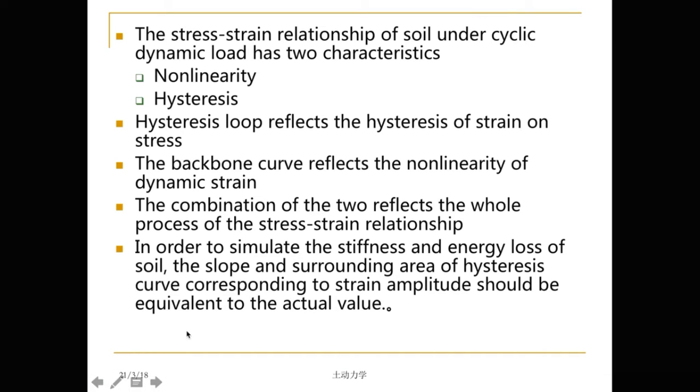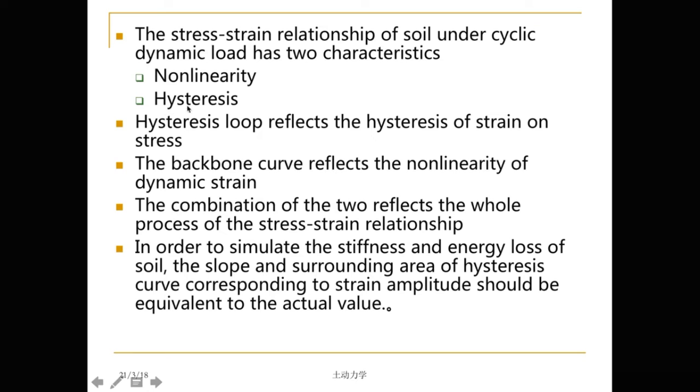Let's see the stress-strain relationship of soil under cyclic dynamic load. It has two characteristics. We all know that for soil, the behavior is non-linear. Then, under cyclic dynamic load, we can also find non-linearity.